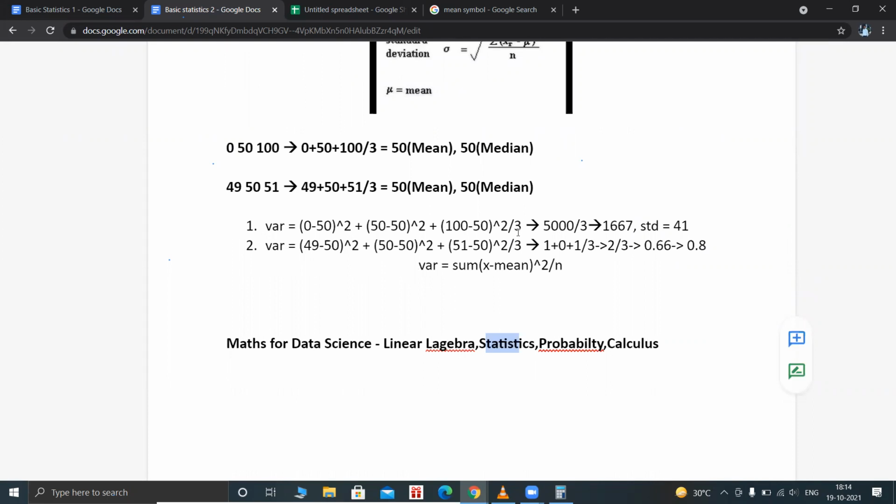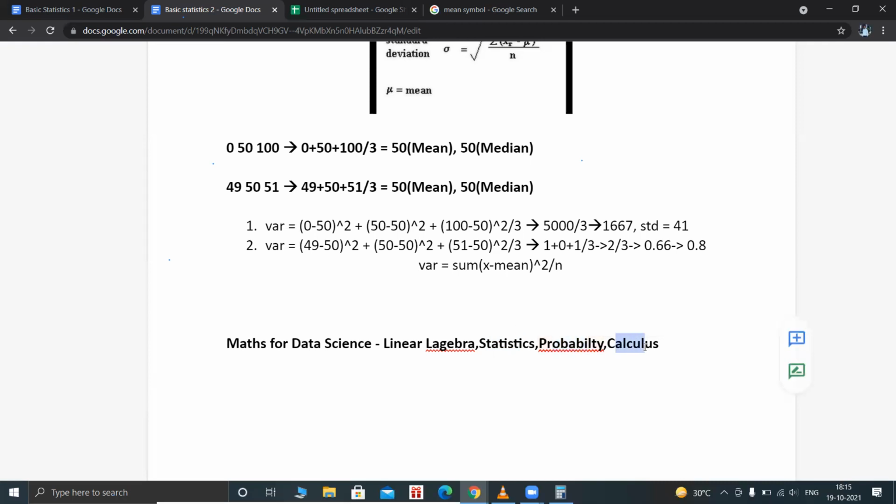And probability is nothing but the chances, where we make predictions on the data. Then by using statistical analysis, we will prove them. Probability is nothing but uncertainty, guys, whether something can occur or not.